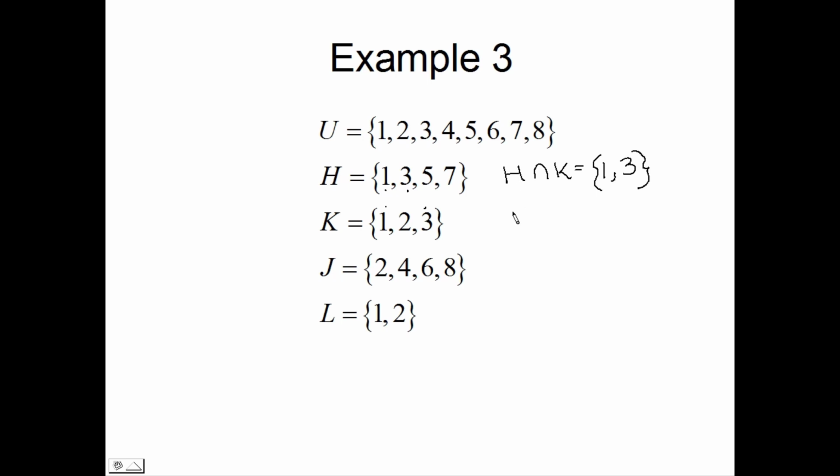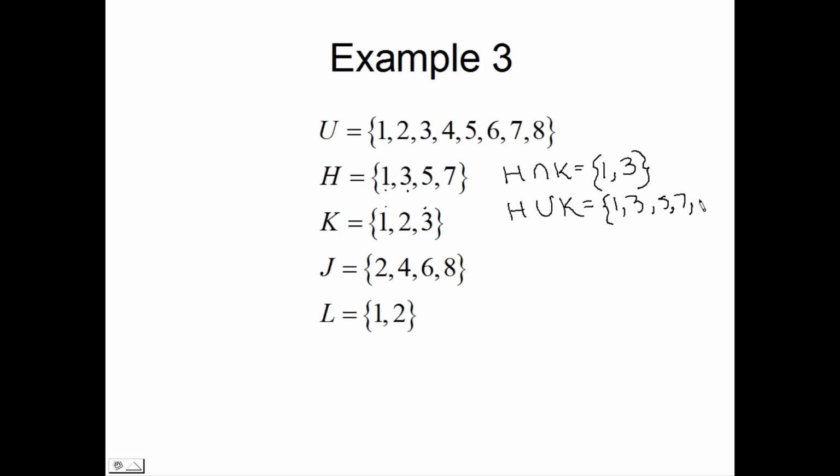Now, what if we did H union K? Notice that union, it looks like a U except without a tail on it. Here's what I would normally do: just pick one of the sets, write everything down. So 1, 3, 5, 7, and now you want to put anything in from K that's not already here.